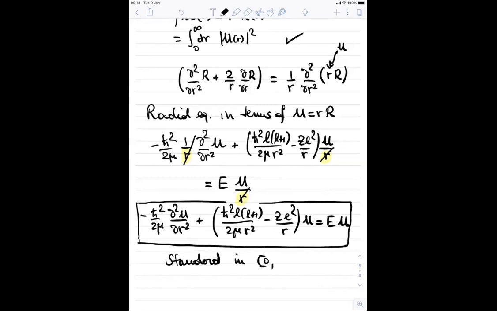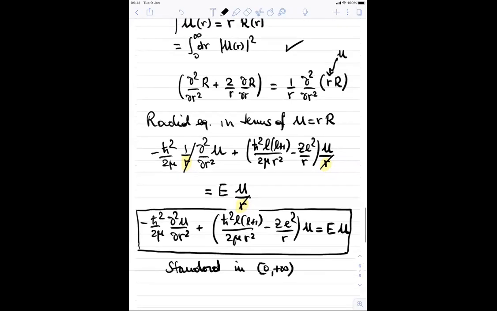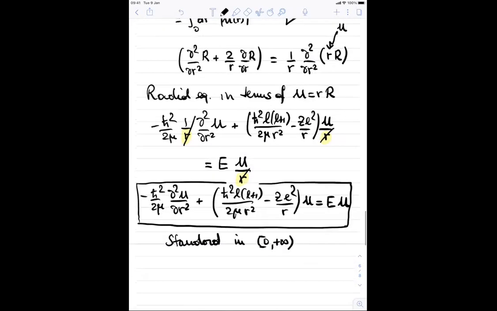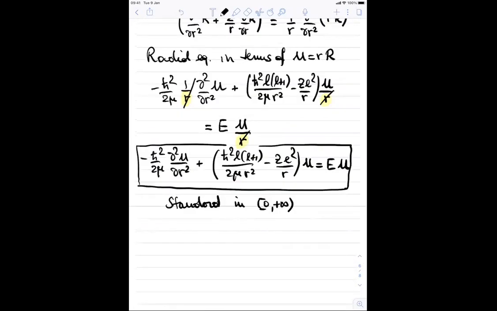0 plus infinity, including the normalization, because the normalization is, remember, the integral from 0 to infinity in dr of u of r modulo square has to be equal to 1. Okay?